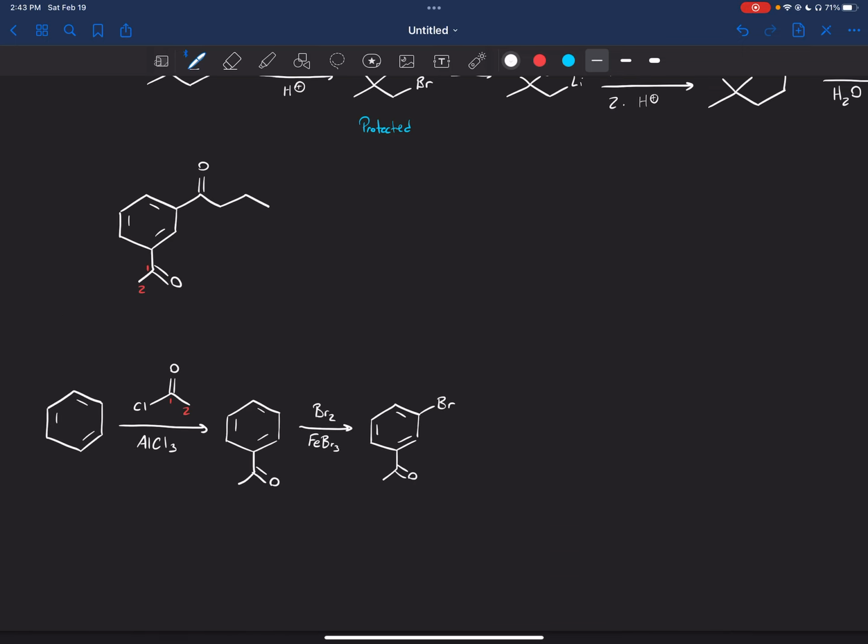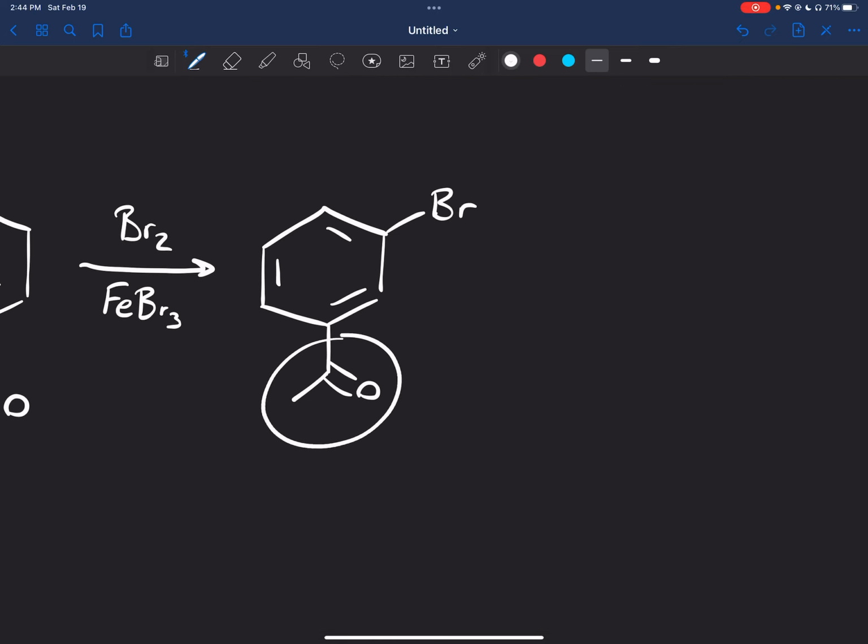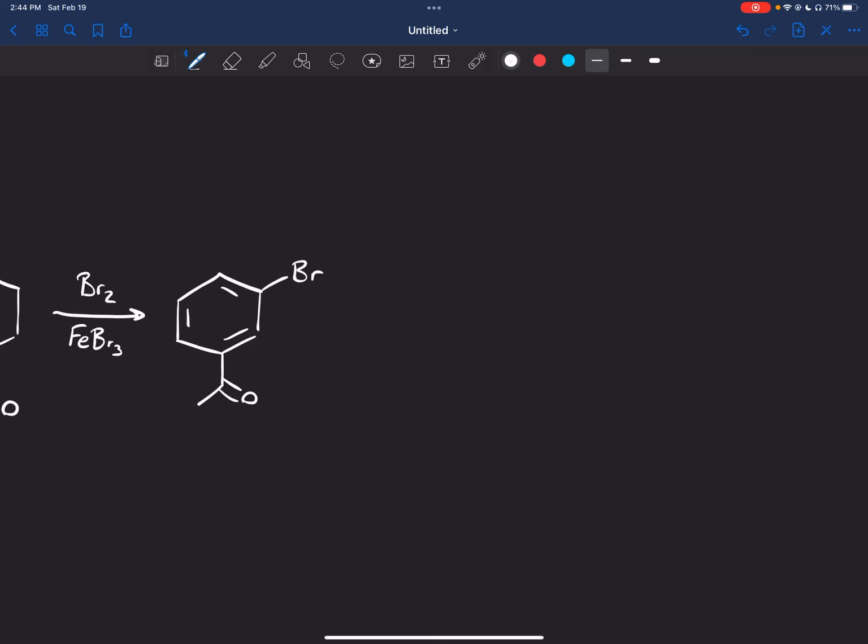Now, like we kind of just said before, we want to turn this into a lithium, but it would create a lithium with a double bonded O compound. That's where I know, okay, gotta use the acetals. So let's protect this first.